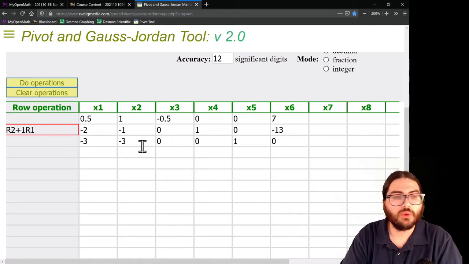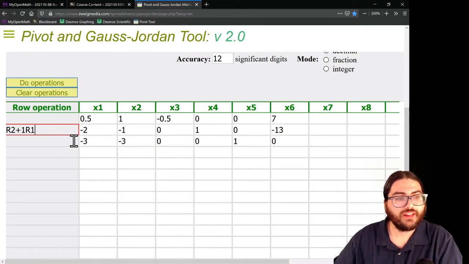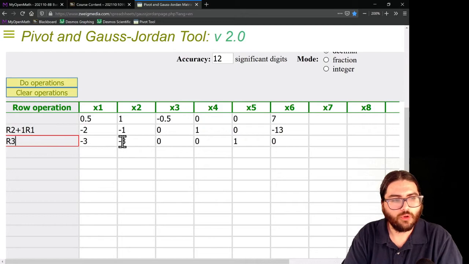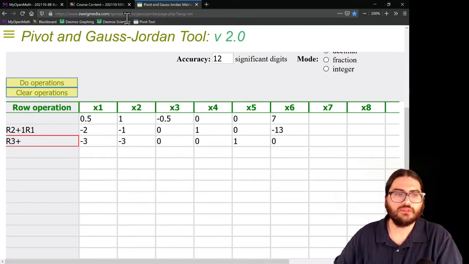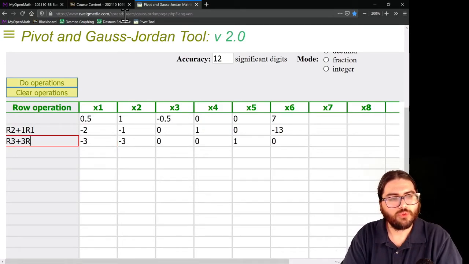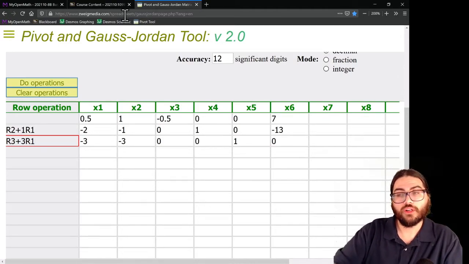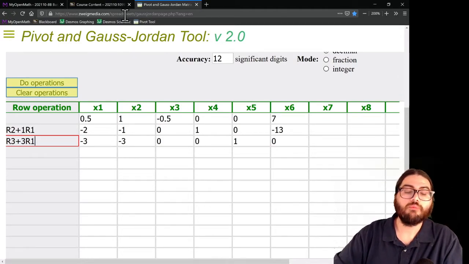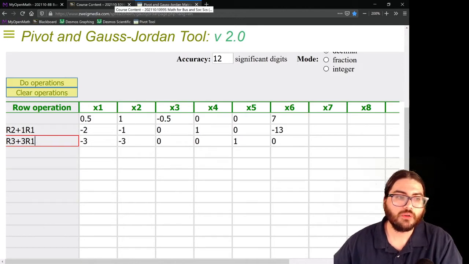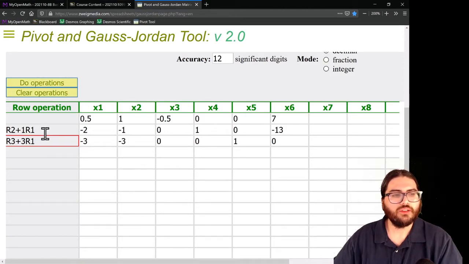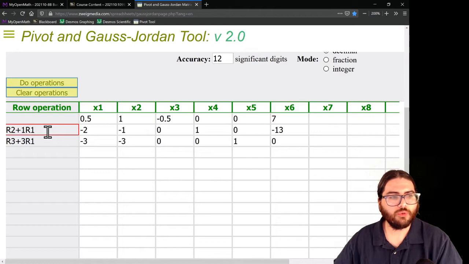That would give me a 0 there. The tool's going to take care of all the other arithmetic for me. That's nice. Here, row 3 plus 3 times row 1. 3 times row 1 is equal to 3 in that column, plus the -3 would give me a 0. So that's really nice. The tool is going to do all the other arithmetic for me.